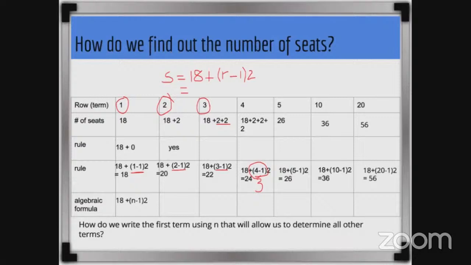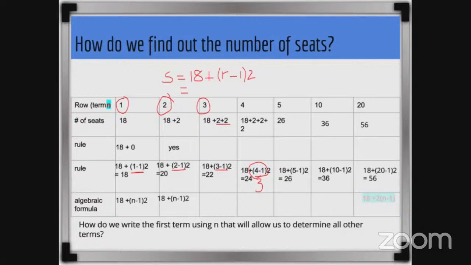But R would still be correct, because if you look at it, your expression is the same as mine. Agreed? The variable is the only thing that's different, the letter that represents the variable. So great job. And you could definitely plug in whatever row you are looking at. So the term is denoted by N, but you can work it with R and still come up with the correct response.